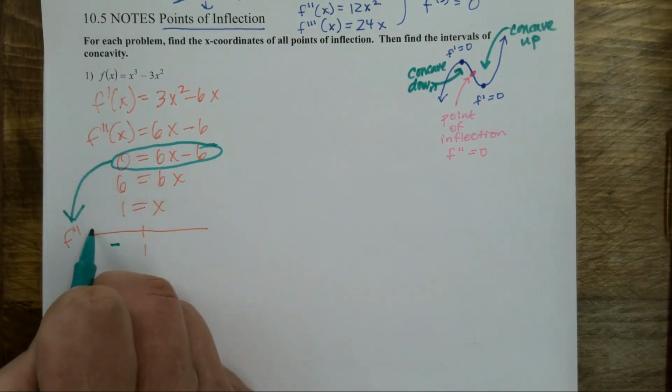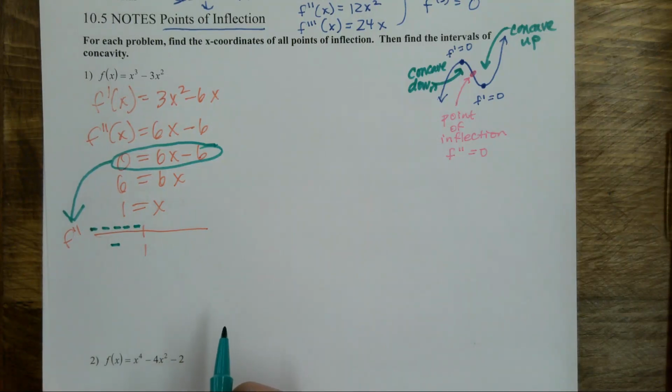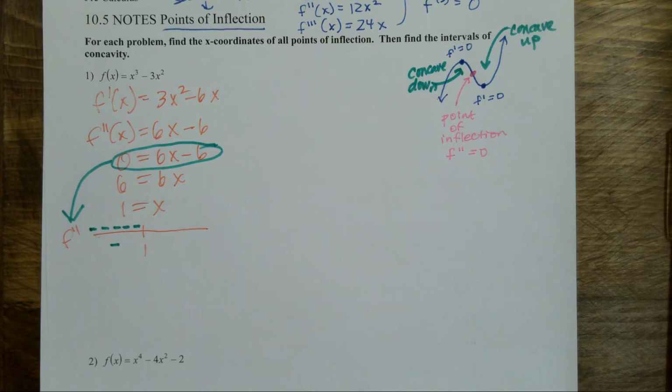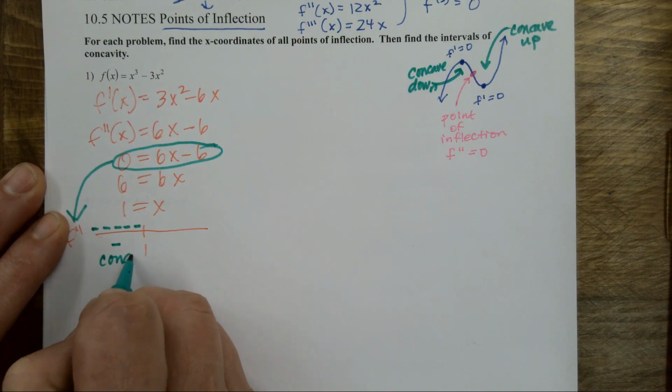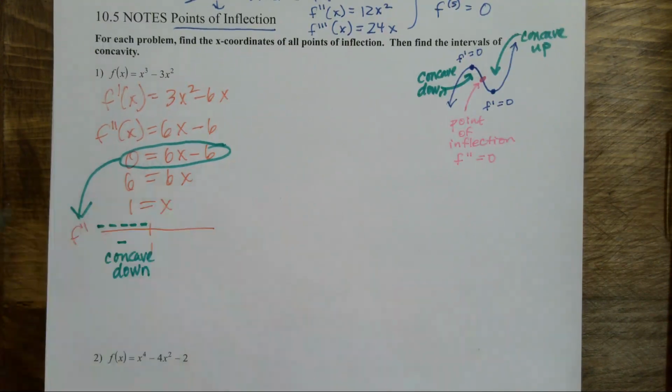That means it is negative all the way through here. Negative, don't mistake this for increasing and decreasing. This means when I look at the second derivative, because it's negative, it is concave down.